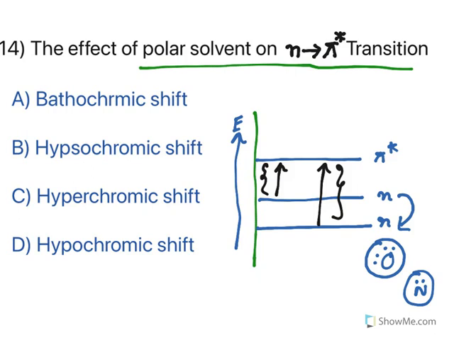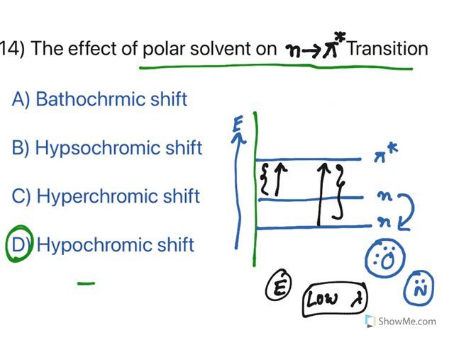When energy gap is increased, absorption occurs at higher energy. Higher energy means lower wavelength. I have explained already, lower wavelength means it is hypsochromic shift. Again, don't get confused. Understand this one. When wavelength is increased, energy is decreased. Think about this one. We have cosmic rays, X-rays, UV, visible, IR.